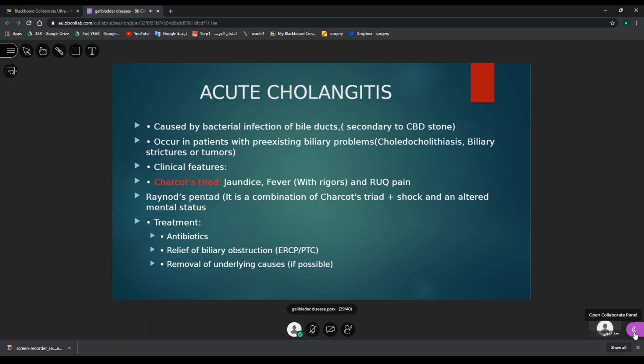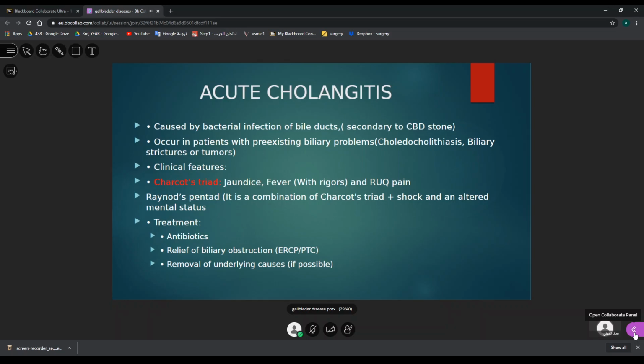Anaphylaxis also. Huh? Faisal Owais. Septic shock, Doctor. Septic shock. Iyad said endocrine. No, it's not endocrine, Iyad. Okay, so you are right, Abdullah, Faisal, this is septic shock.